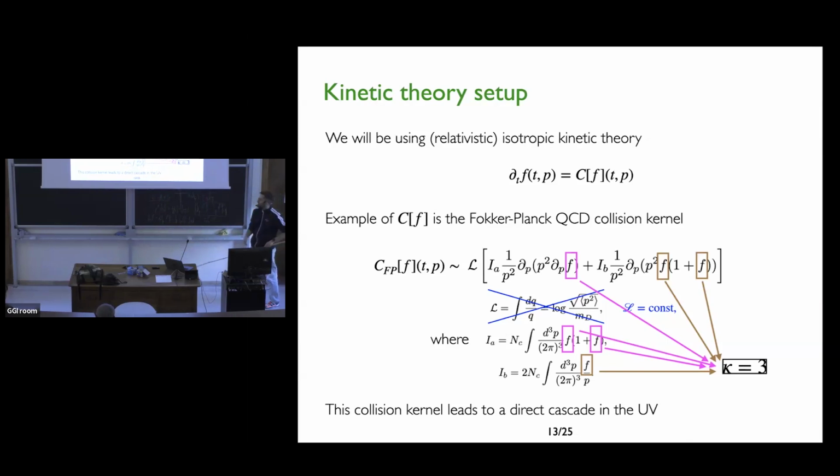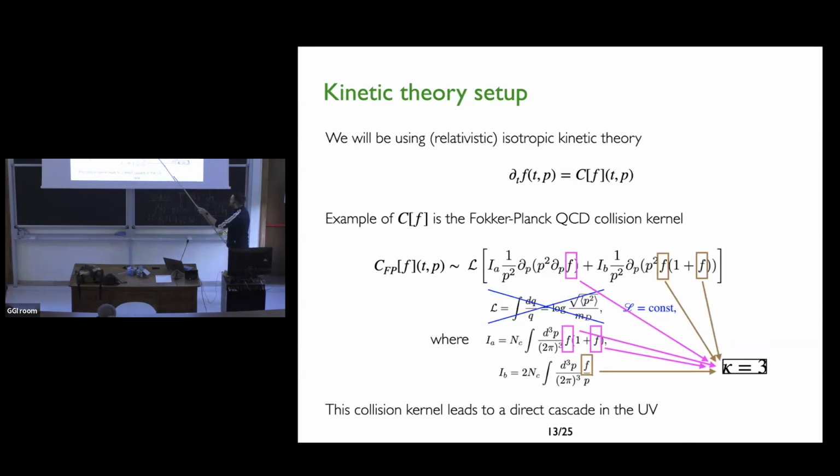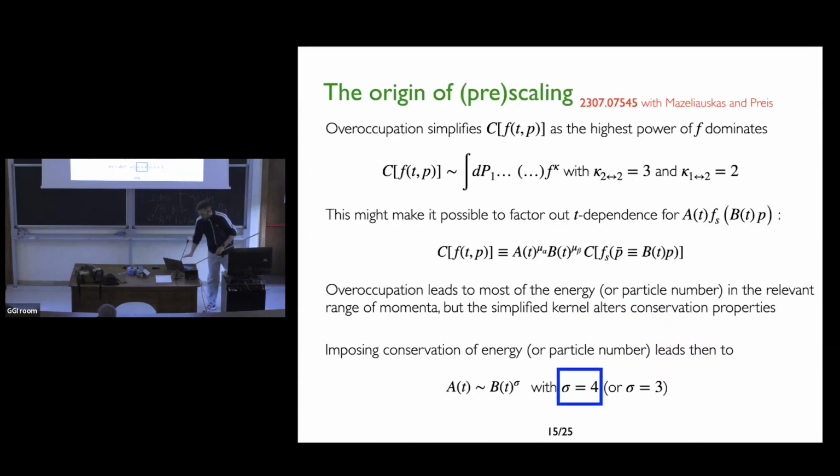And what this shows is that for the elastic scattering described by the Fokker-Planck equation, this power kappa is equal to 3. So this kappa is the overall power of F that appears in the collision kernel, right? So we see indeed that the over-occupation simplifies the collision kernel significantly, because some terms are literally dropped from it.